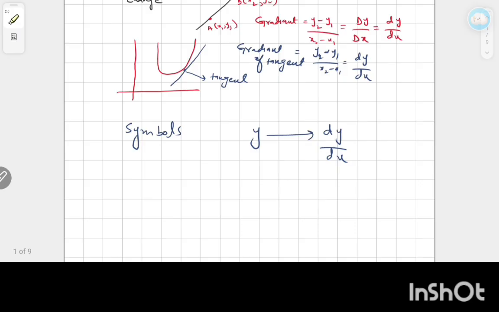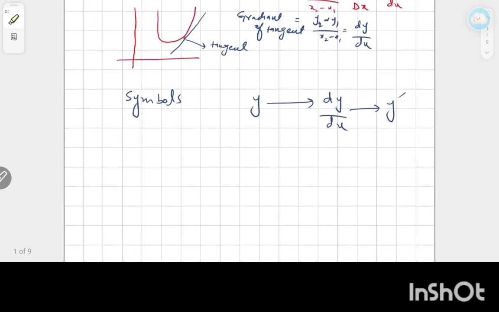This is its symbol, dy over dx. Further, we can also write it in this form: y dash, y prime. Some people say y prime and some say y dash. Most of the time in mathematics y prime is correct. So it's the derivative.